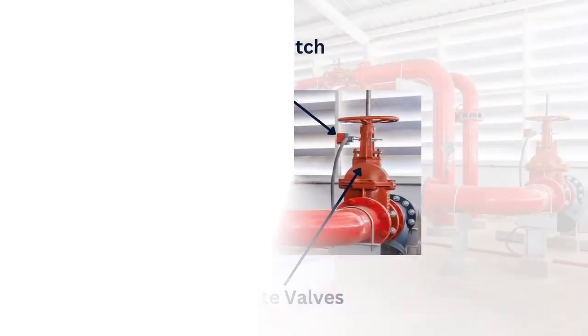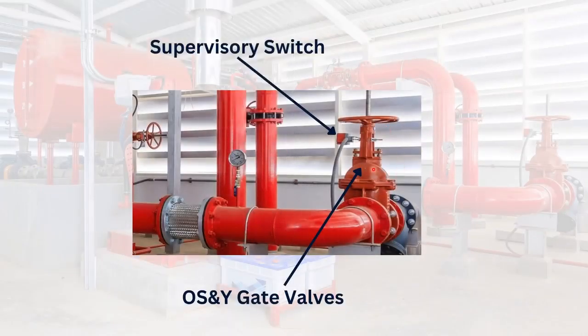Here you can find OS and Y gate valves and also a supervisory switch. We can call the supervisory switch a tamper switch, which will be installed on the OS and Y gate valve. From this supervisory switch, we will take a connection to the fire alarm control panel, which indicates whether this gate valve is open or closed.